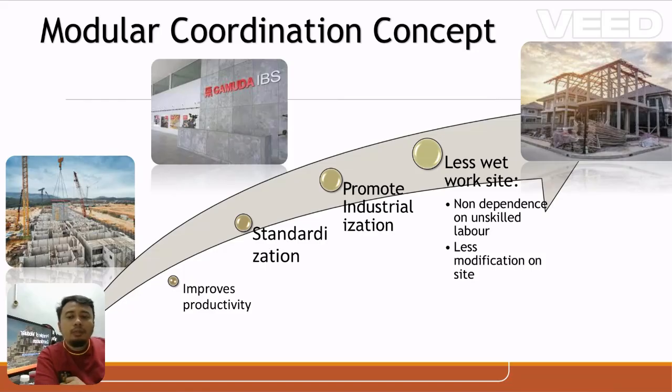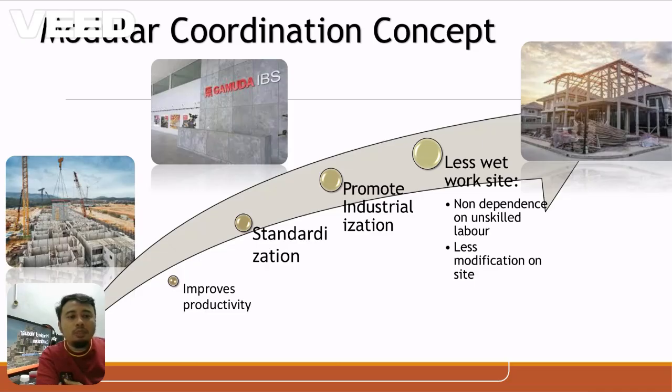The benefits that come with MC, modular coordination, make it clear that construction needs coordination between the designer, the fabricator, the assembler, the supplier, and all the parties involved in a construction project. So why should we care about MC?